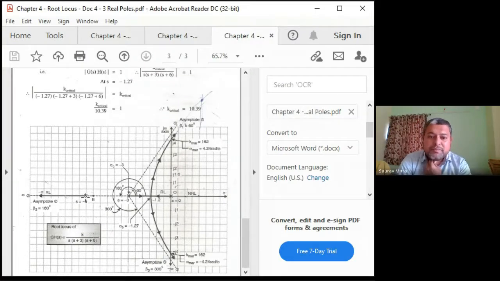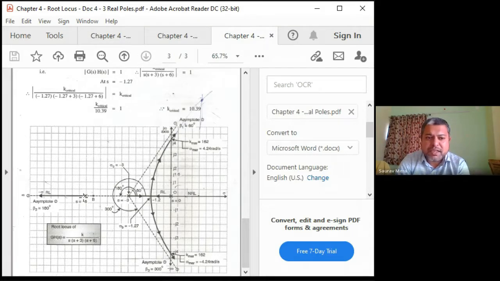What is the second path? From 0 to minus 1.27 on the real axis, and then it will take the imaginary axis path, that is, the roots will become plus minus jb. Another path is from minus 3 to minus 1.27, and it will fall below. So these are the three paths. Why three paths? Because there are three roots in GSHS.